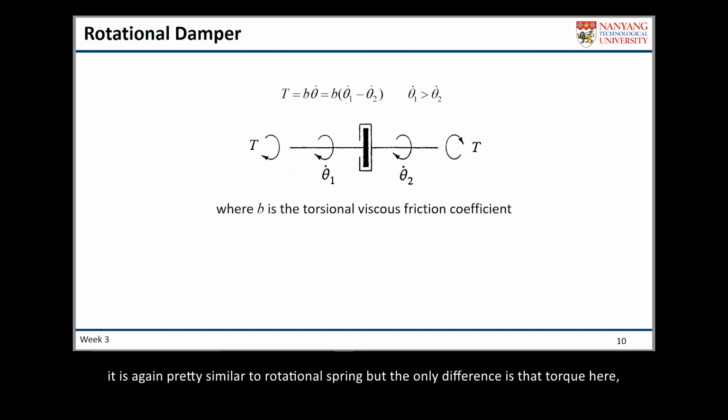Direction-wise it is again pretty similar to the rotational spring, but of course the only difference is that the applied torque here is proportional to the rate of deformation. One thing you might want to note: B here is of course the damping coefficient, but for a torsional system. So B here indicates the torsional damping coefficient.